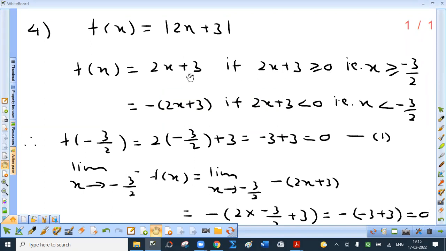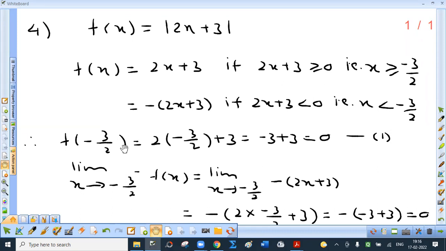Rearrange the terms. That is x is greater than or equal to minus 3 by 2. Now mod x is minus x when x is less than 0. So mod of 2x plus 3 is minus in bracket 2x plus 3 if 2x plus 3 is less than 0. That is x is less than minus 3 by 2.